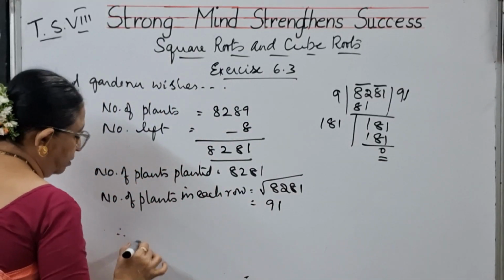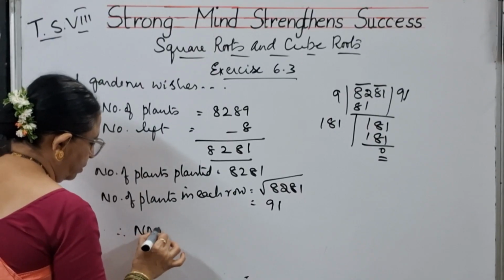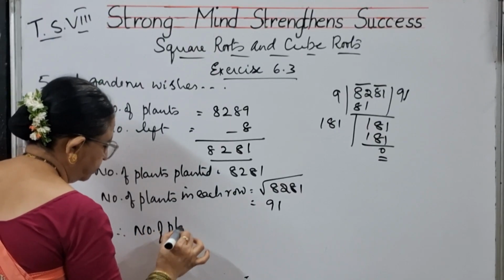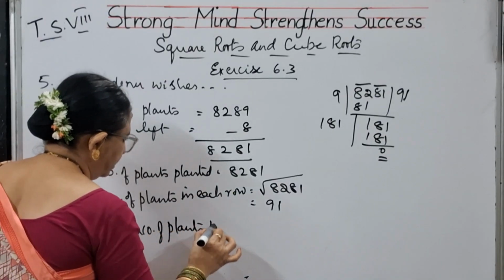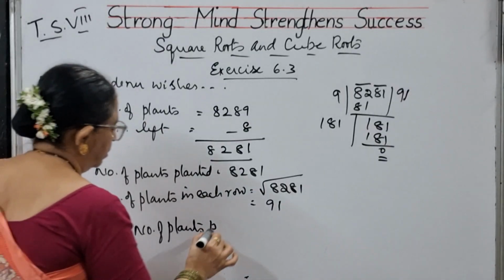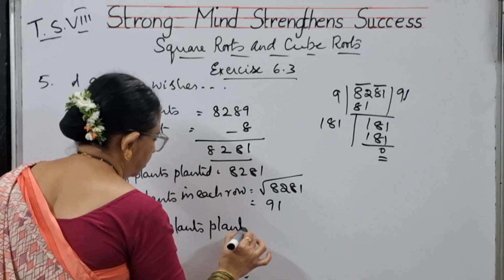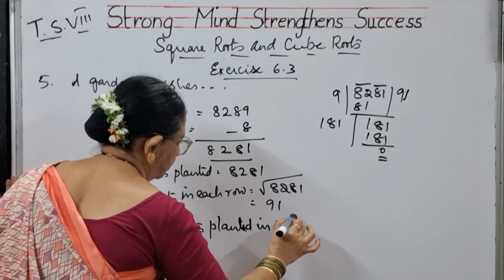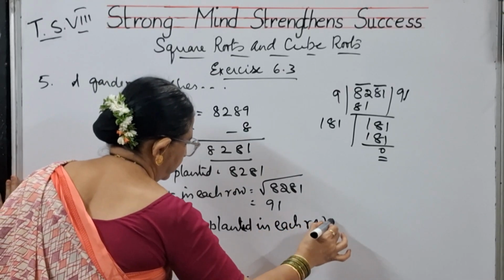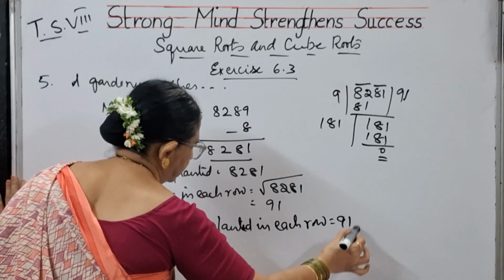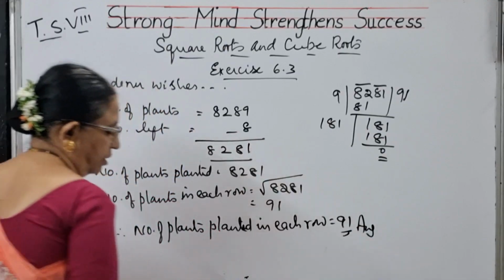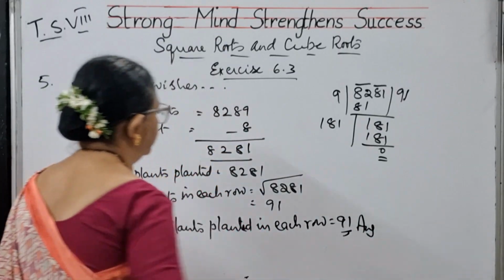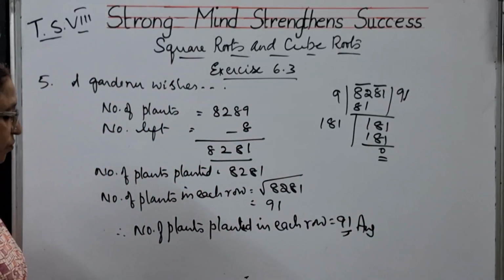Therefore, the number of plants planted in each row is equal to 91. This is the answer, children. Please note it down. This is the 5th sum.